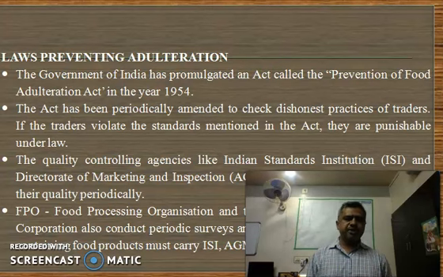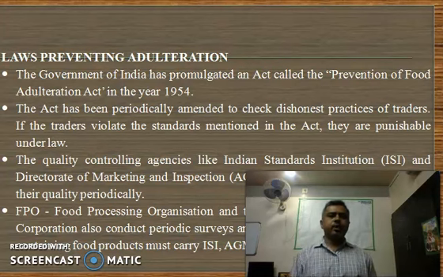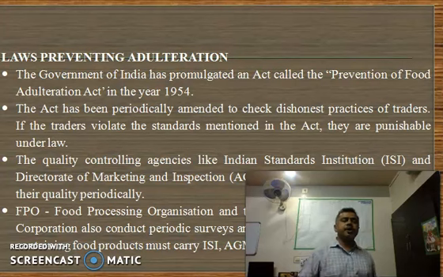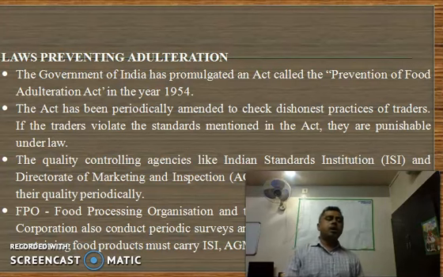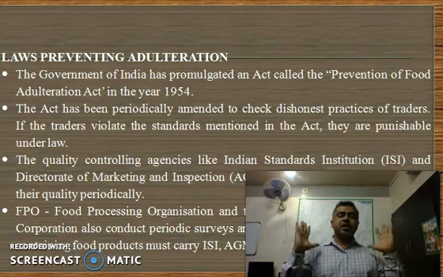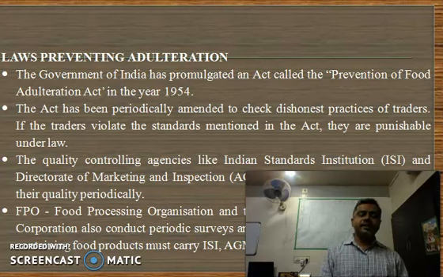The Food Safety and Standards Authority of India developed this act, which was periodically amended from 2016 to 2019 to check the dishonest practices of traders. If traders violate the standards mentioned in the act, they are punishable under the law, as I said previously.